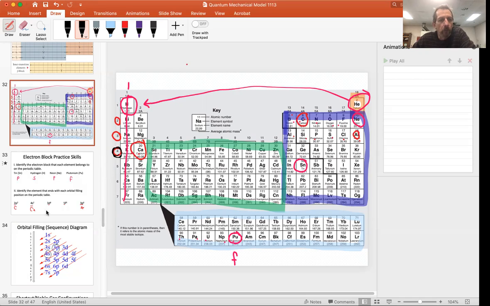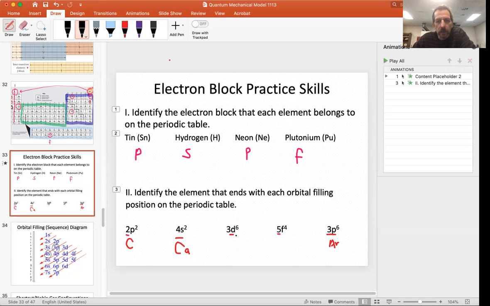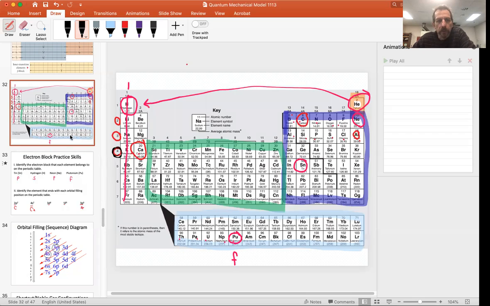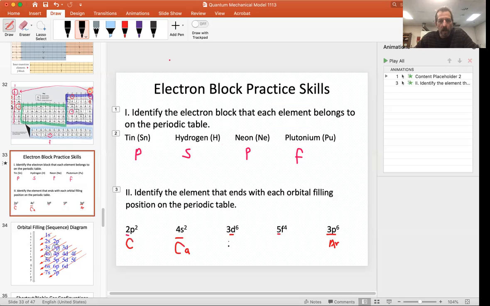So what we look for then is 3d6. For 3d, we would find the number 4, subtract 1 from it because the D blocks are off by 1, and count over 6. 3d: 1, 2, 3, 4, 5, 6. 3d6 would be the element iron. So iron is associated with the 3d6 position.